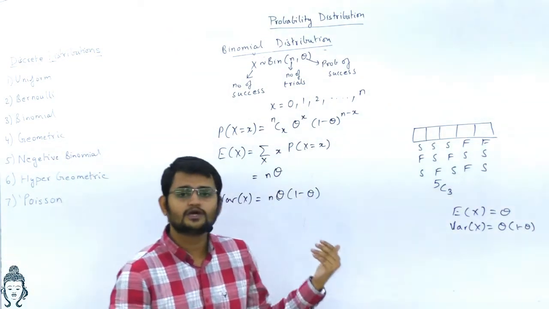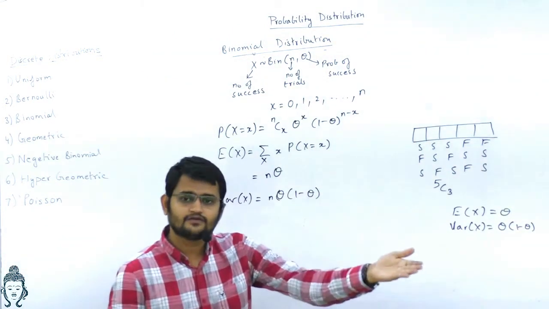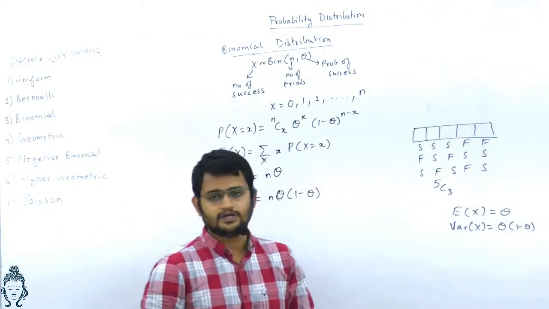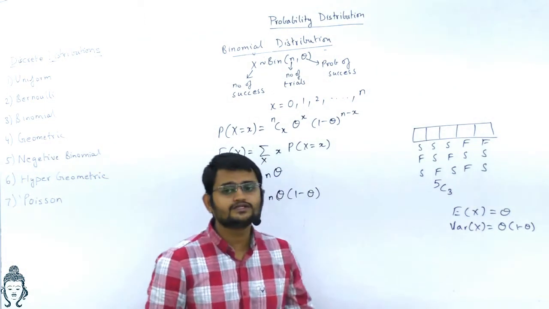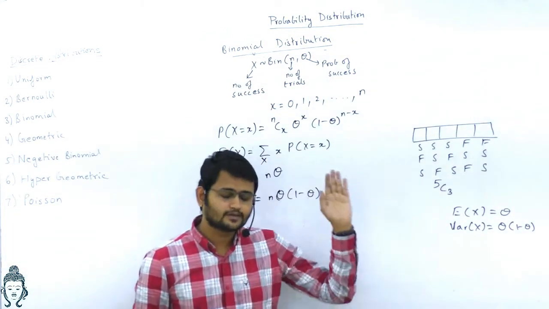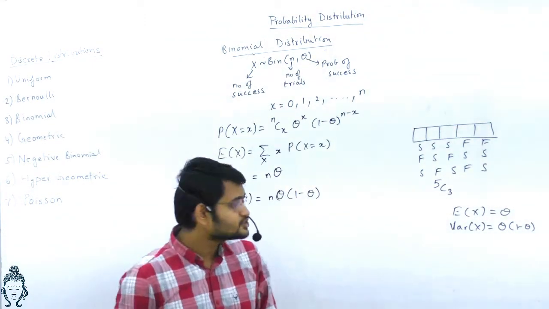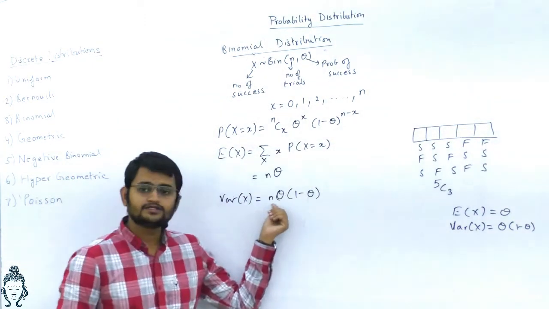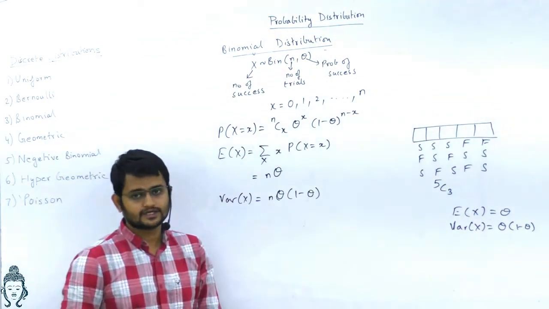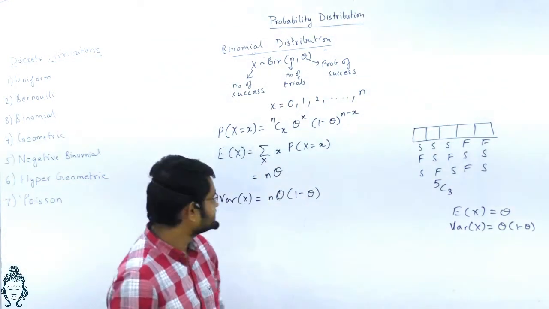So the minimum value becomes -10 and the maximum value is going to be 5 plus 5, which gives me 10. So my range is now doubled. Similarly, if I have three such experiments, the minimum value will become -15 and the maximum value becomes +15. So the range has now tripled, and so on. Similarly, the variance is going to be n times theta into 1 minus theta. That shows us the range of our possible values.